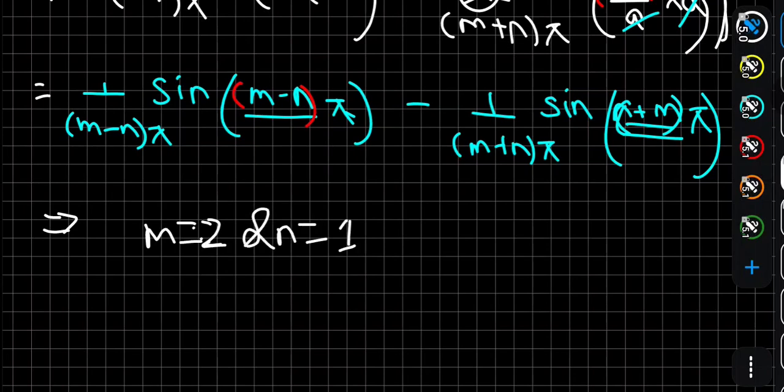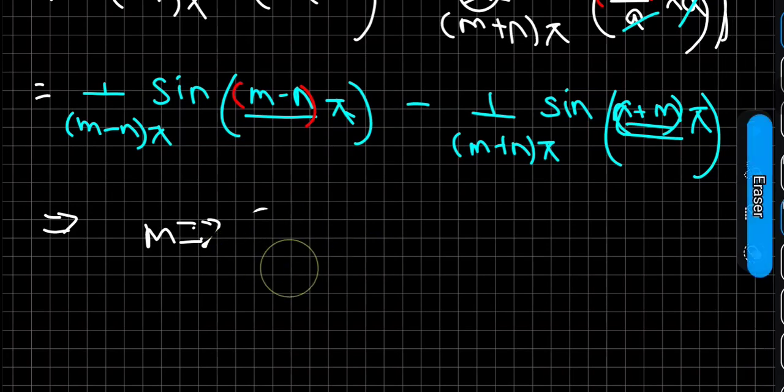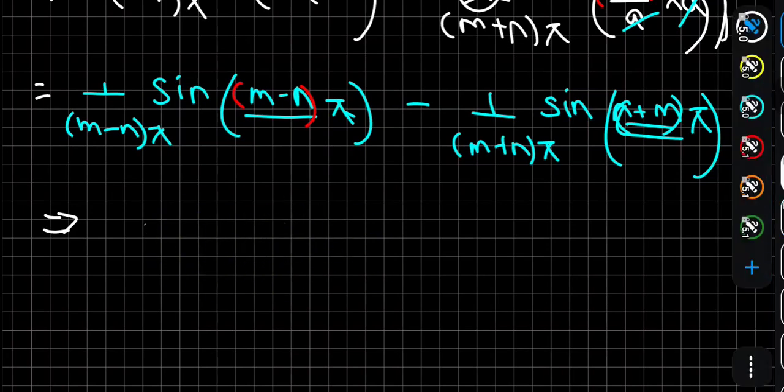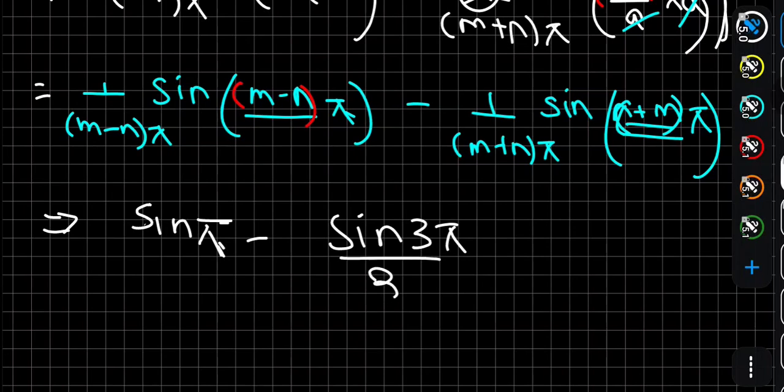Now you can just evaluate this. What do I mean by evaluation? I mean just put 2 and 1 in this respective equation and see what will happen. So if I put m as 2 and n as 1, it will be sine of (m minus n), which is 1, so sine pi, and minus sine 3 pi divided by 3. Here should also be pi and pi.